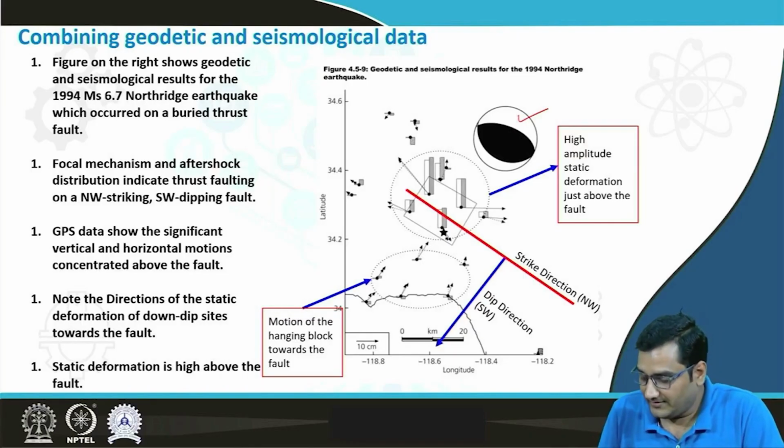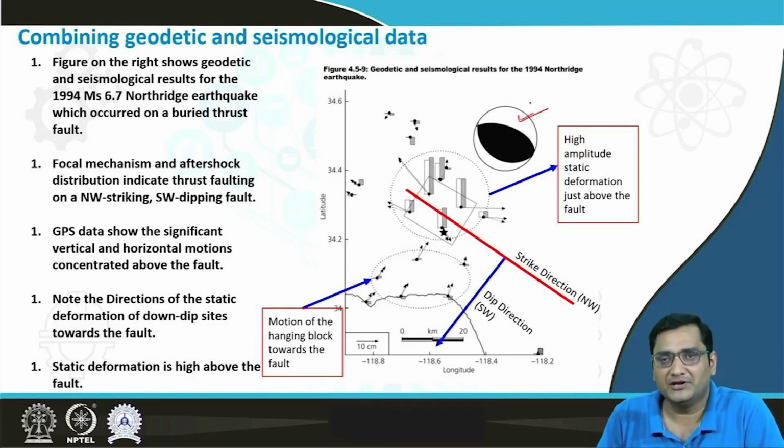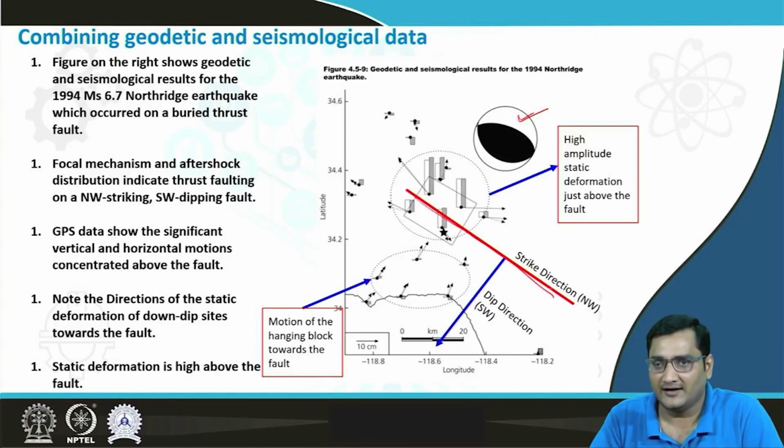So you can see this is the fault mechanism beach ball diagram for a thrust fault, or the earthquake that happened on a thrust fault, and its strike is in this direction, indicated by the red line, and the dip direction is southwest, indicated by this blue arrow.